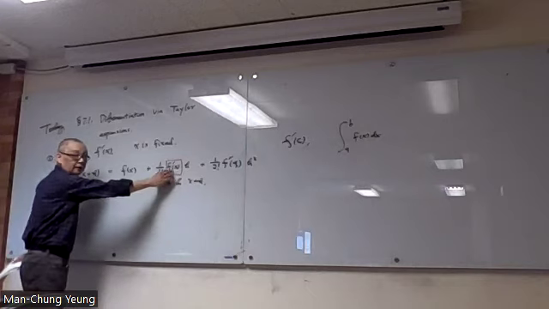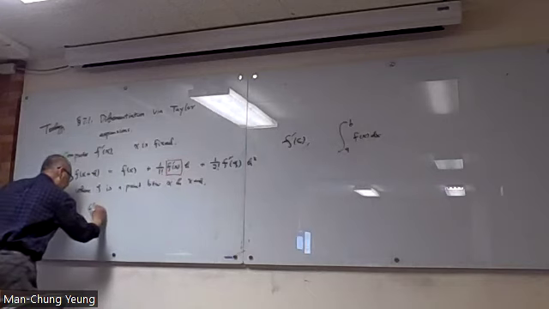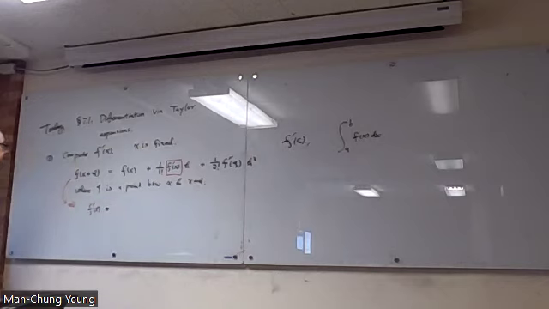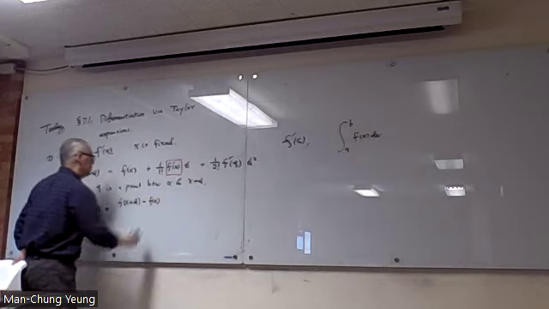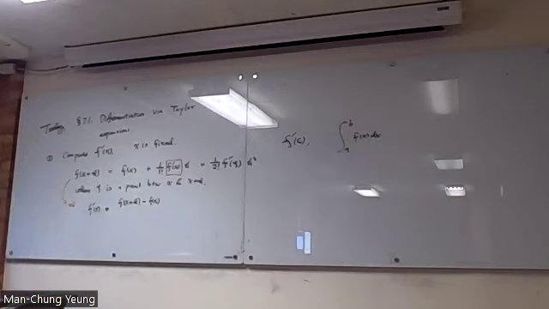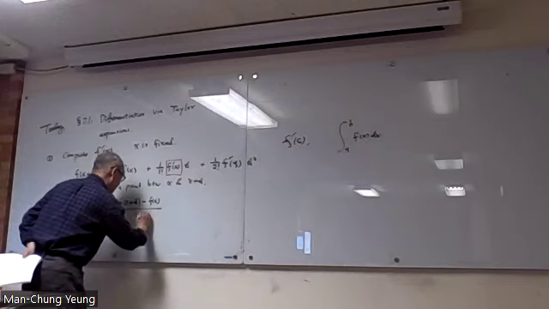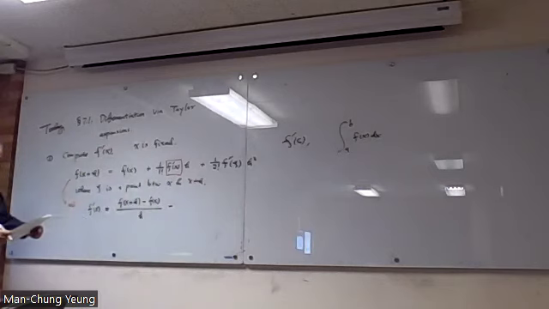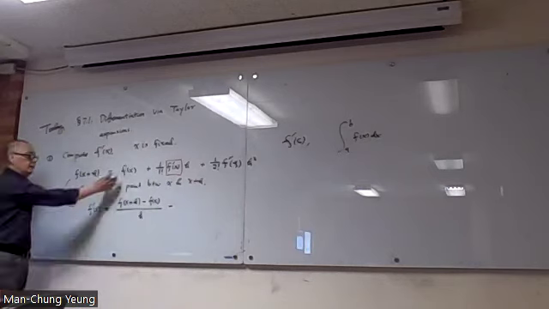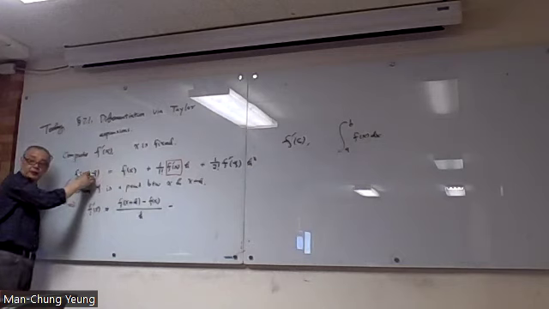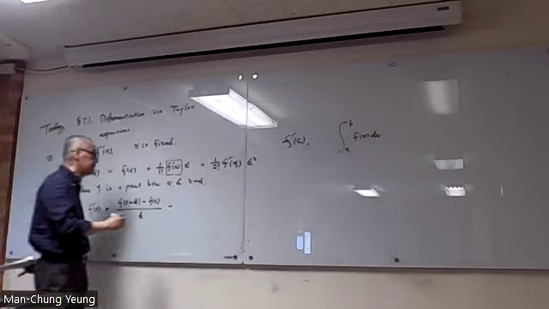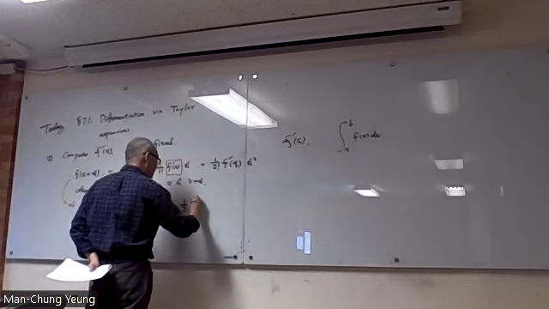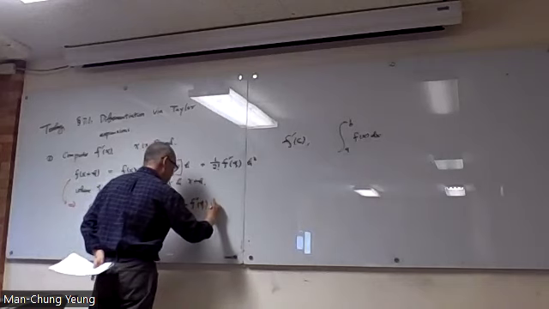Then we have the derivative is equal to f of x plus h minus f of x, over h, minus the error term, which is h over 2 factorial, that is h over 2, times the second derivative at psi.